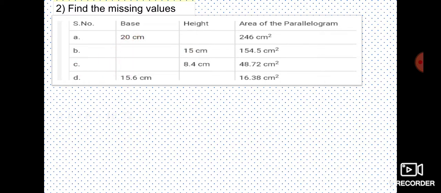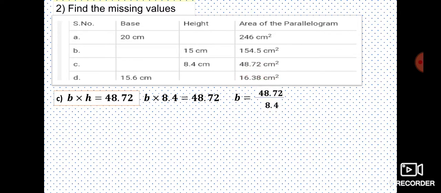Then C question. b into h equal to 48.72. b into 8.4. h is 8.4, equal to 48.72. Then b equal to 48.72 by 8.4. Dear students, here after the point 2 digits, here after the point only 1 digit. This is the division of decimals.